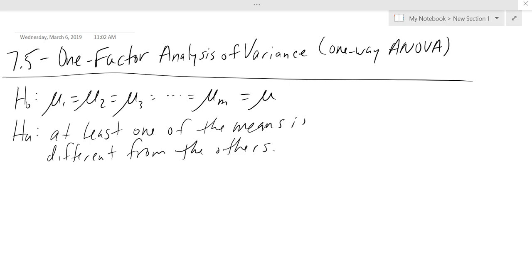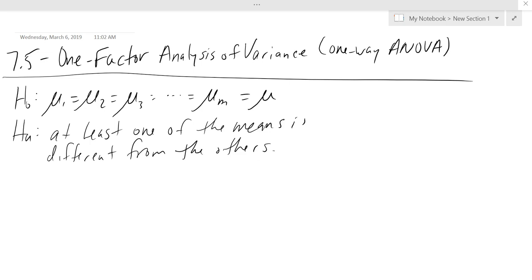Maybe you've stratified your population into categories, such as freshman, sophomore, junior, senior, and you want to know if there's a difference in the mean GPA or whatever statistic you happen to be looking at.